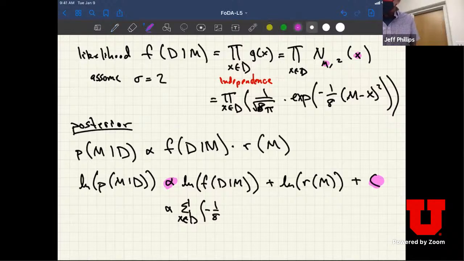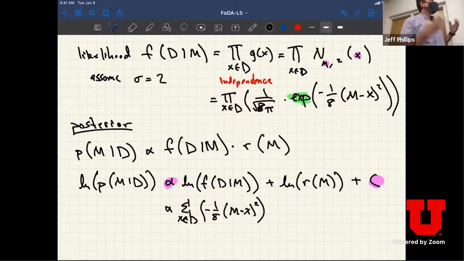Remember, I've got this exponent after I factored out the constant in front of it. That's going to go into a C. I'm going to turn that into another constant term that I don't care about. Once I've gotten rid of that constant in front, I apply the log onto the exponent, and so I'm just going to have this term inside here, m minus x squared. And I'm going to have a plus C prime. It's going to be a different constant at this point, but again, a constant.